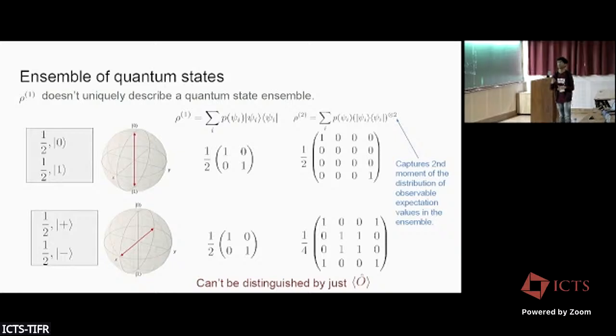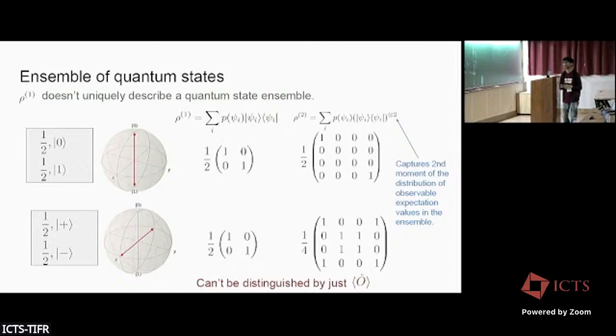But if you look at the second moment, which you can think of as a correlation matrix between the elements in the quantum state vector, they clearly differ. This second moment of the ensemble captures the second moment of any observable that you can calculate. For example, the second moment of an observable is related to its variance, and it also measures the fluctuation.